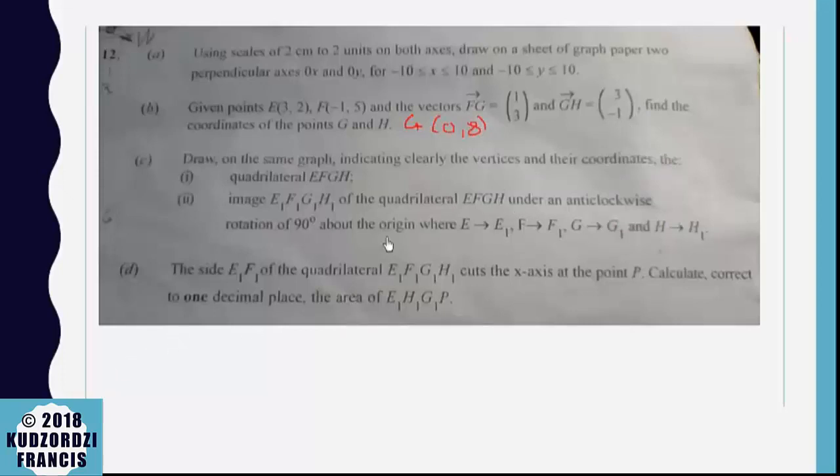And let's work for the H too. So we know vector GH is equal to OH minus OG.